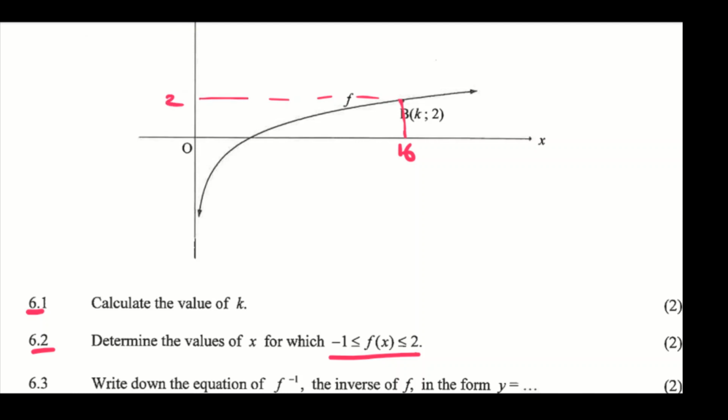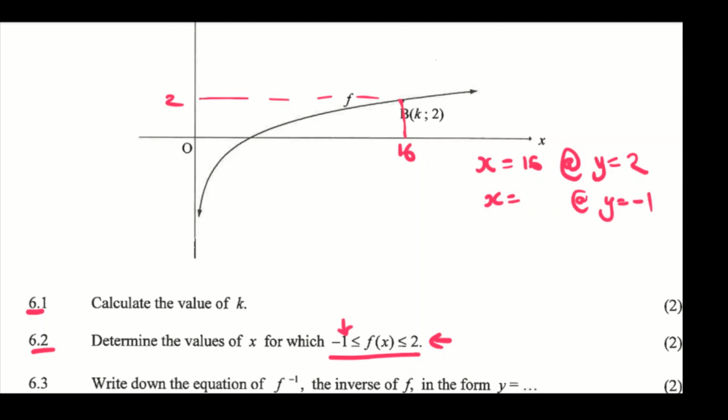So if you look at this restriction here, it says that the value of y lies between 2 and -1, right? So meaning that we want a value of x now, because we already know the value of x is 16 at y equals 2, right? So now let's find the value of x at y equals -1, right?